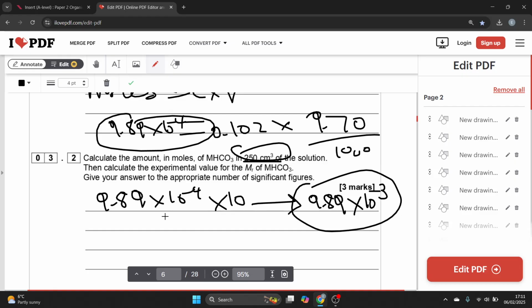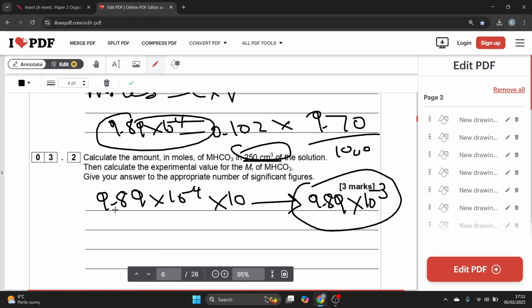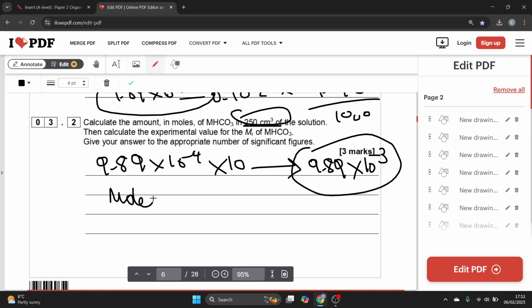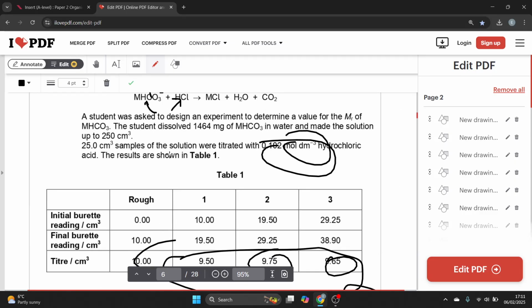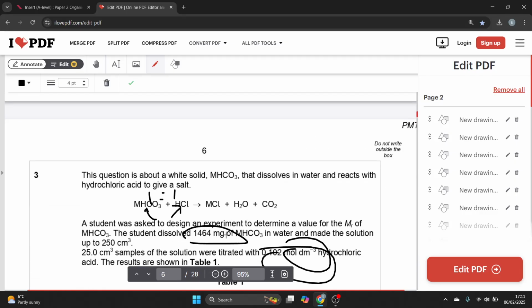Then calculate experimental value for the Mr of this. Well, I know moles, as well as being concentration and volume, is also mass over Mr, the classic equation or formula. Therefore, to find out the Mr is going to be the mass, which is this in milligrams, but I want it in grams, so I need to divide by 1,000.